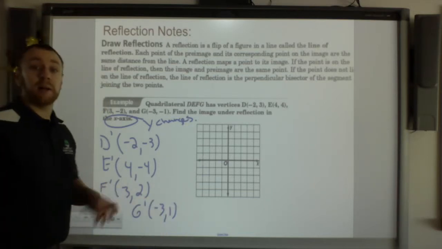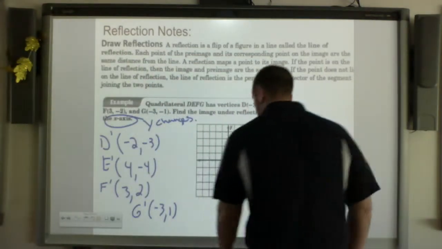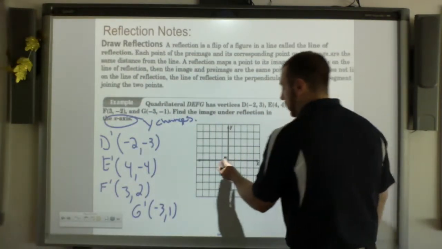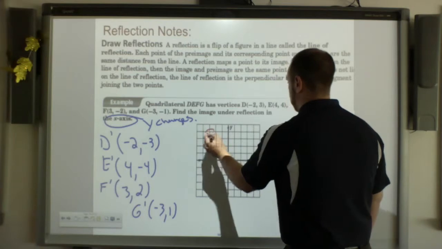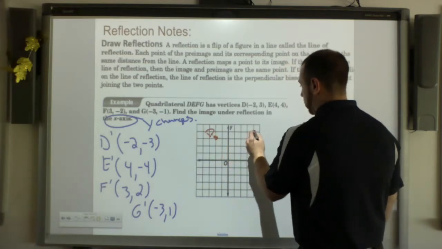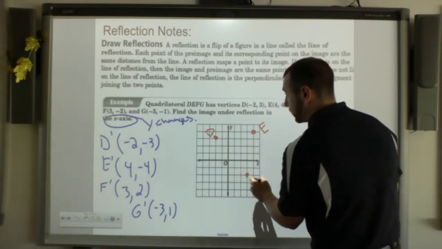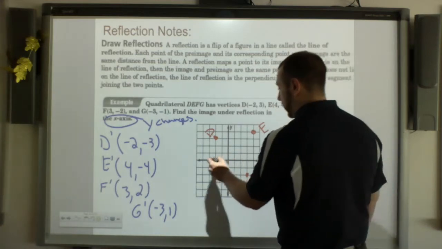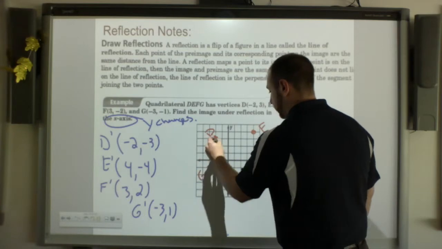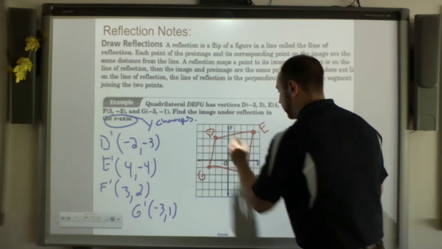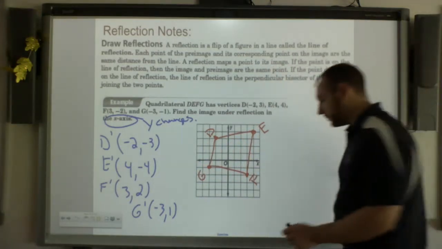Now if I plot both images, I'll plot my original in orange: negative 2, 3; 4, 4; 3, negative 2; and negative 3, negative 1. There is my original.